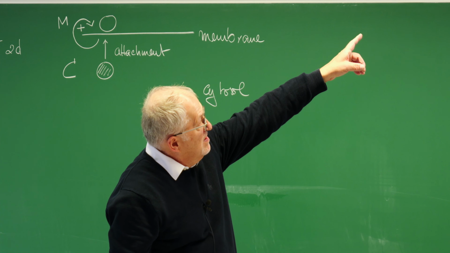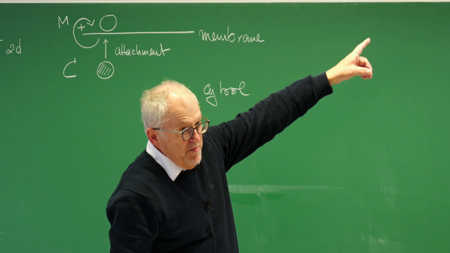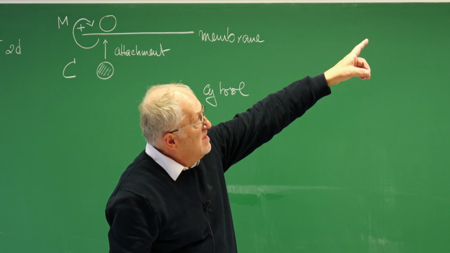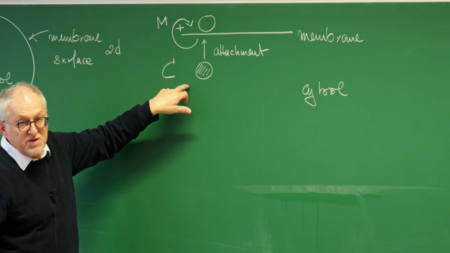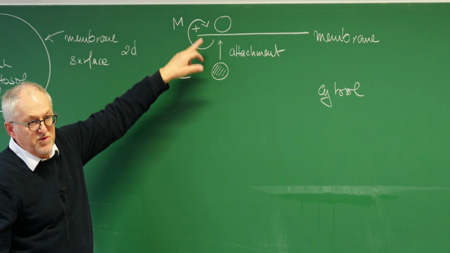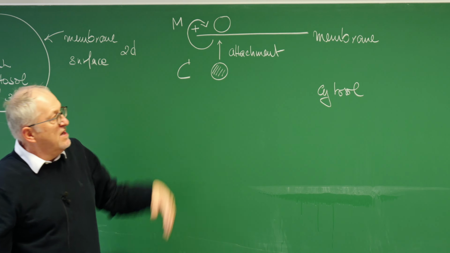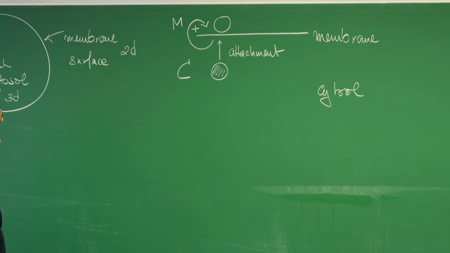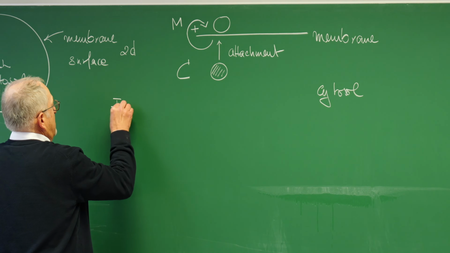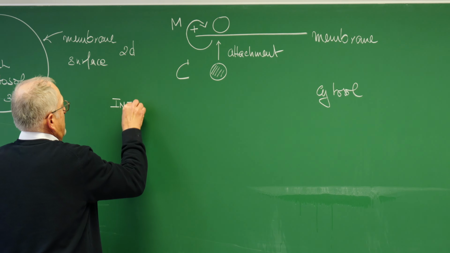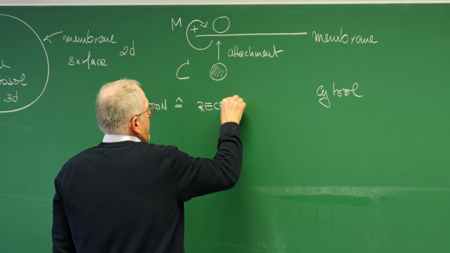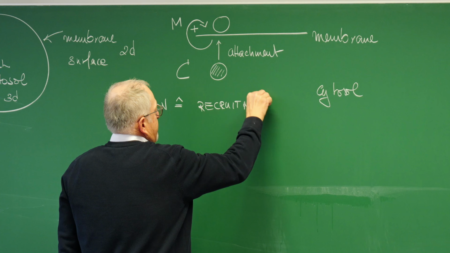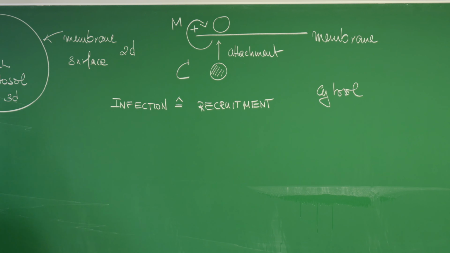So if something is on the membrane and there's a protein in the cytosol nearby, then the protein on the membrane recruits the protein in the cytosol to the membrane. That replaces the infection process. Okay, so infection in the contact process would then be the same as recruitment to the membrane. Okay.